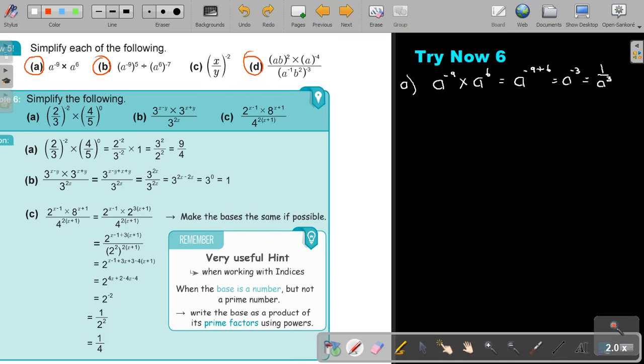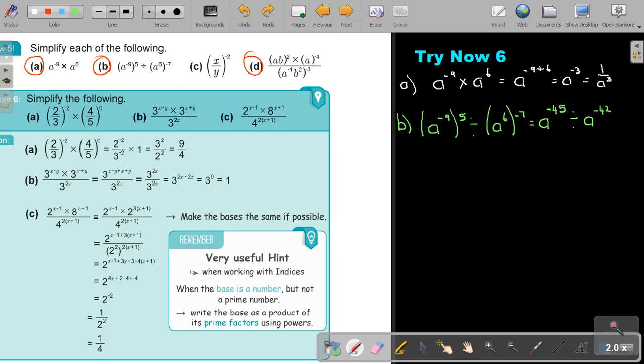And then the next one, number B. This is a to the power of negative 9 times 5, divided by a to the power of 6 times negative 7. So let's first simplify this. This is a to the power of negative 45, divided by a to the power of negative 42.